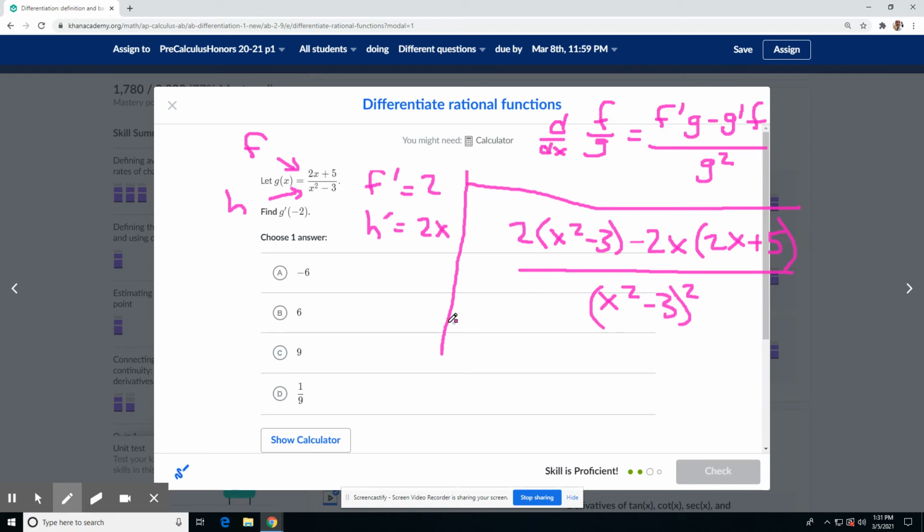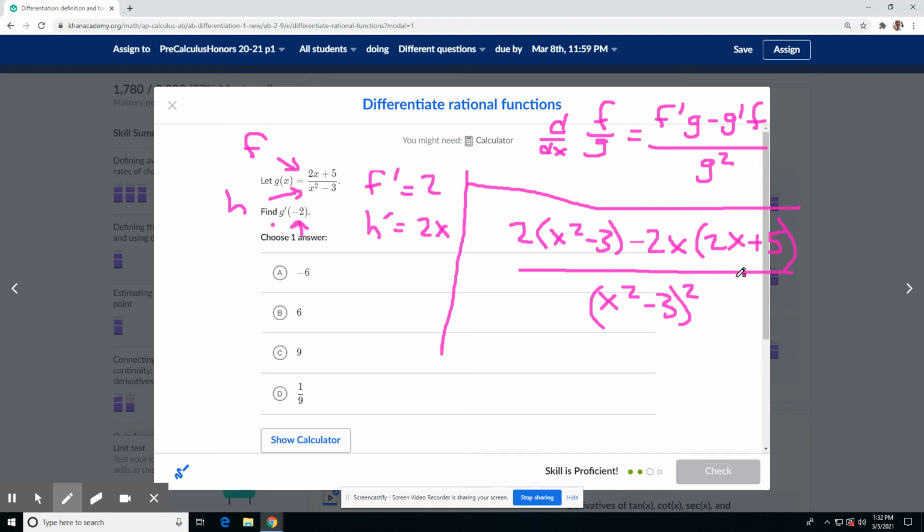And then, well, it probably would have been quicker. We're evaluating at -2. If I would have just plugged -2 into each of these components, that's one way you definitely can do it: plug -2 into f, find that answer, plug -2 into h, find that answer, plug -2 into f prime, which has to be 2, plug -2 into h prime, which would be 4, and then you can just plug those pieces in.